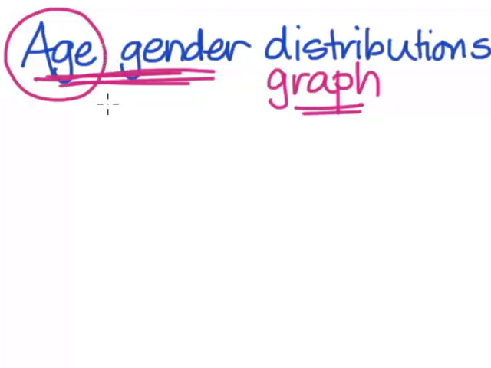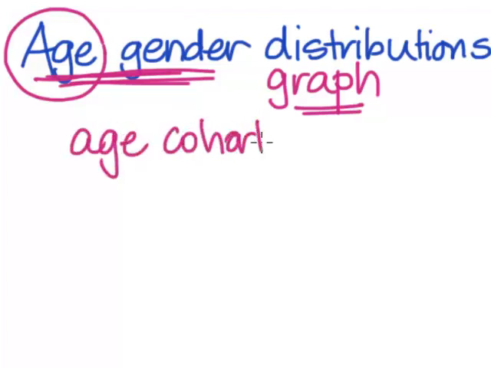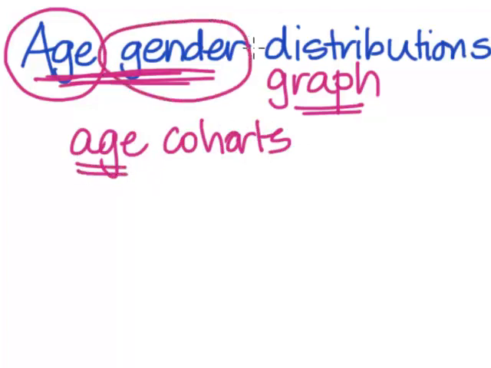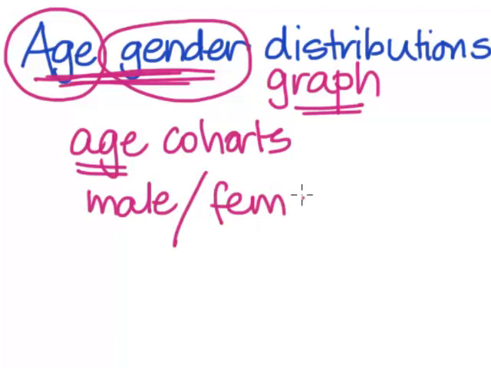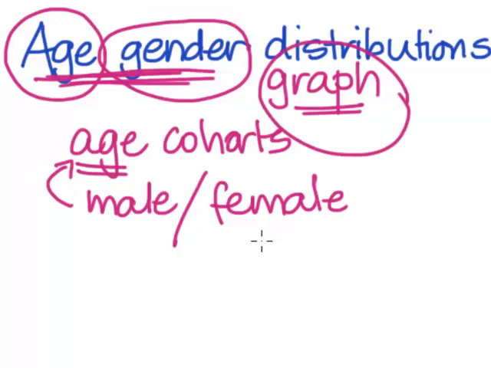We can break the population up into what we call age cohorts or divisions according to age and according to gender. So we're able to compare male-female ratios of different ages, all in one very useful graph.